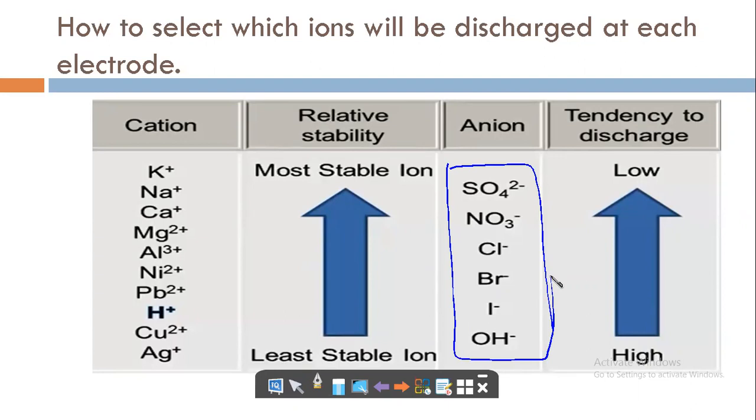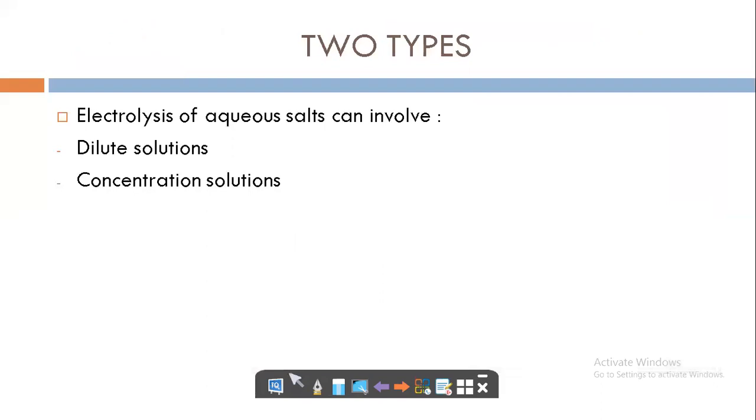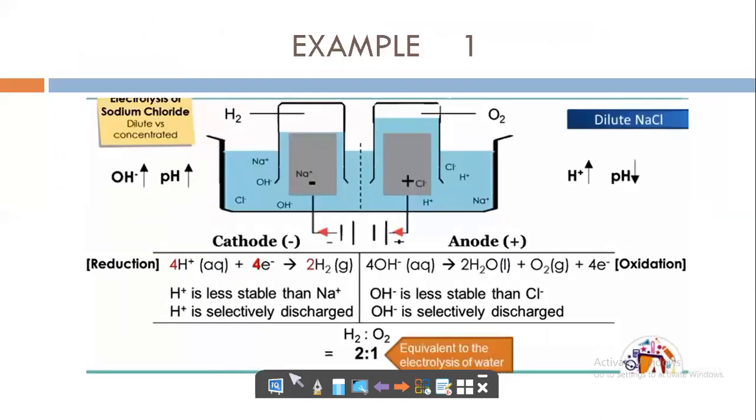Hydroxide is the least stable, so it will come out, and sulfate is the most stable. All right? But from our example, NaCl, we are dealing with OH- and Cl-. So which one is more stable? Cl- is more stable. So Cl- will remain in solution, and OH- will be discharged.